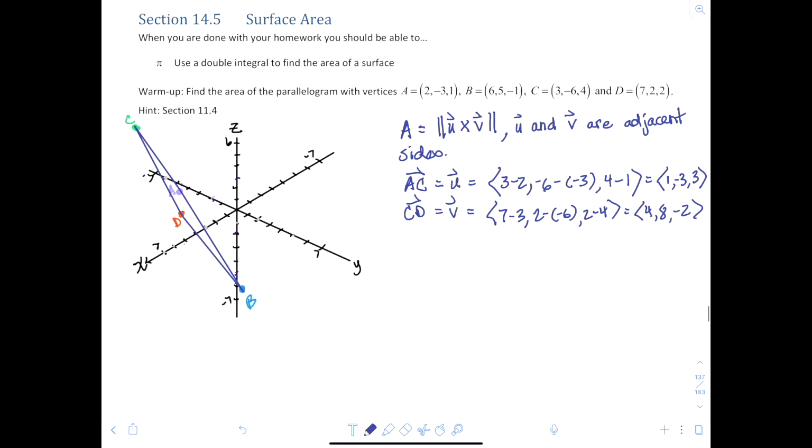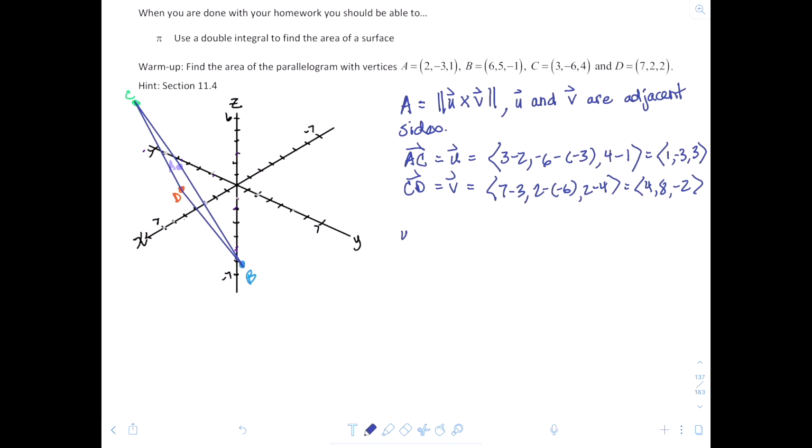And so, first finding U cross V, we will get the determinant with rows i, j, k; 1, -3, 3; 4, 8, -2.